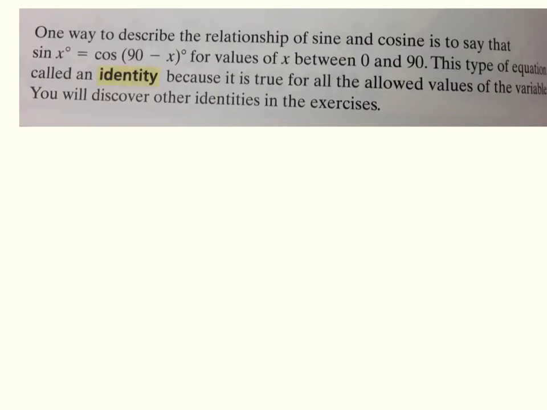The top of page 440 talks about identities. The way I would explain identities would be for things that are identical, things that are exactly the same. And we're going to try to work on some of the identities from the exercises later.